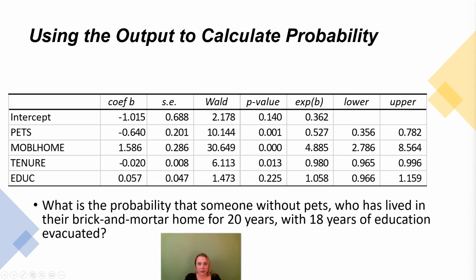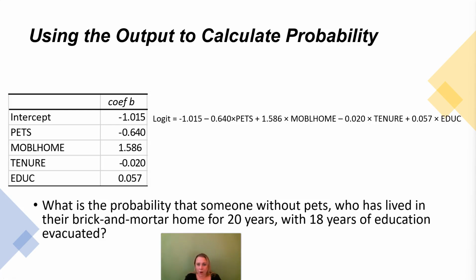So here we get the equation where our logit is equal to negative 1.015 minus 0.640 times pets plus 1.586 times mobile home minus 0.020 times tenure plus 0.057 times our education.